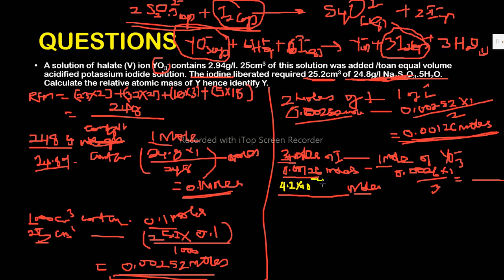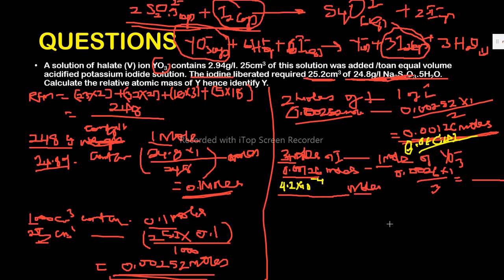I was going to use my head, because if you divide this by 3, this is 4 and this one is 2. So it becomes 0.0, then 2. This is 0, and this one can't divide, so it's another 0. So that is it. So now, this is 4.2 times 10 power negative 4 moles of the iodate.